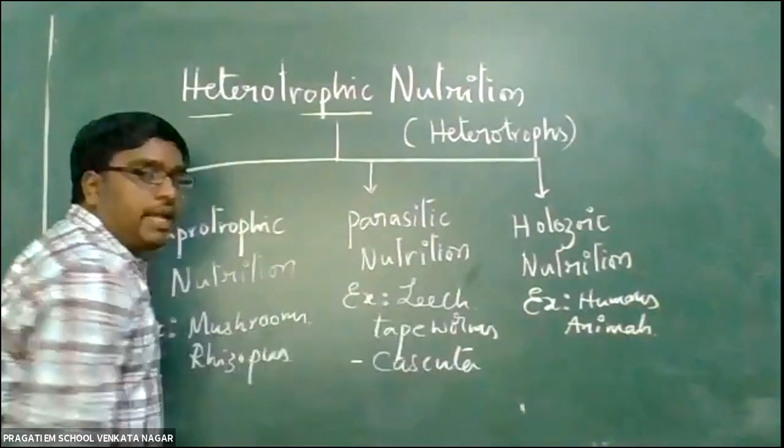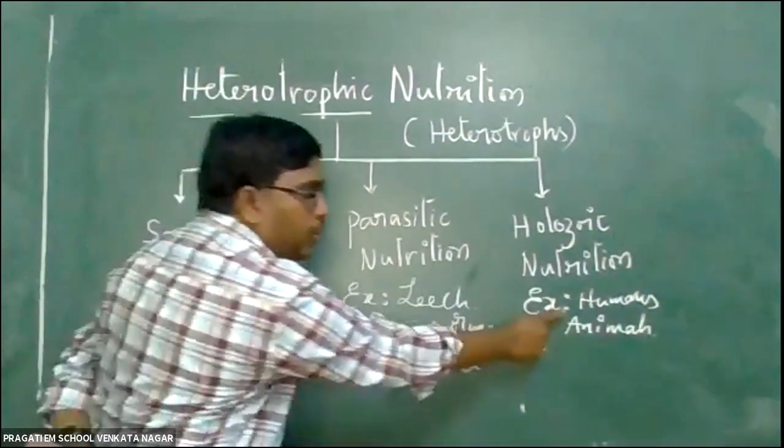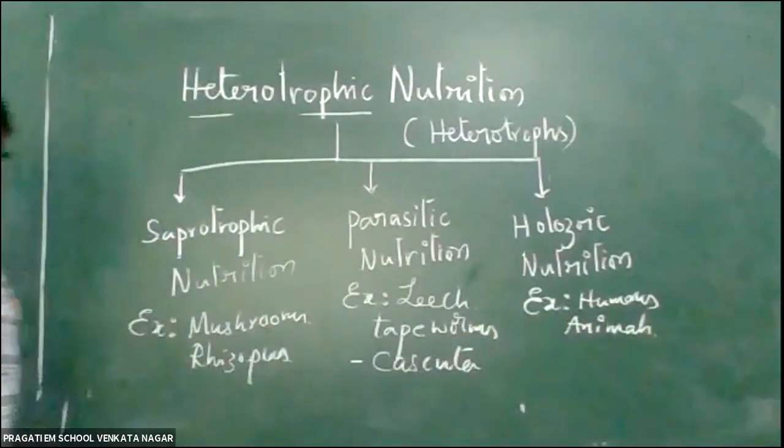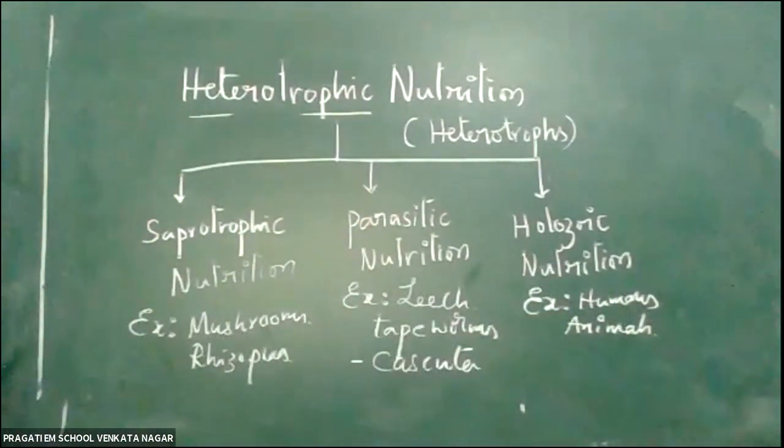Holozoic nutrition examples are human beings and animals. This is a simple flow chart for heterotrophic nutrition. Let us discuss saprotrophic nutrition.